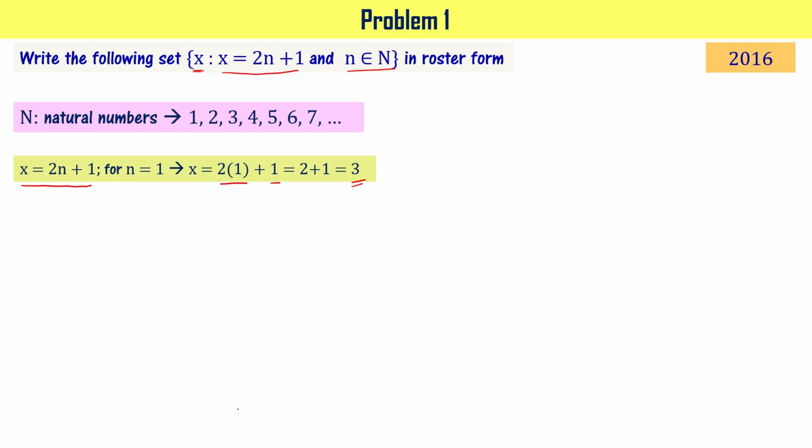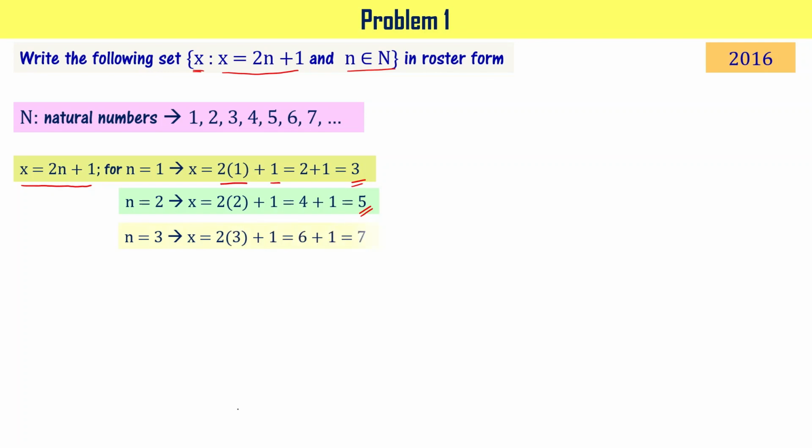Similarly, when n equal to 2, x is going to be equal to 5, means 5 is another element of the given set. Let's see what it is for n equal to 3. N equal to 3, x equal to 7. It means 7 is another element of the given set.